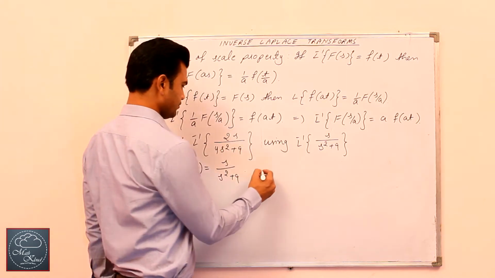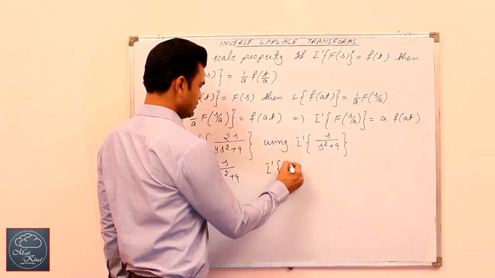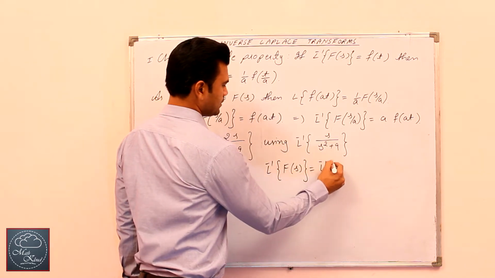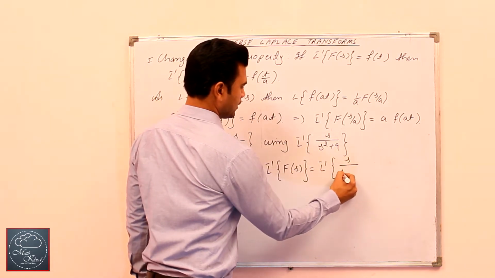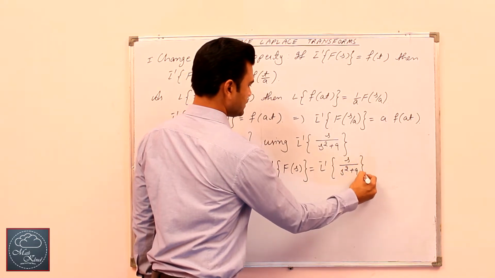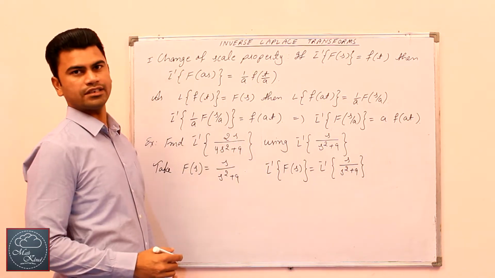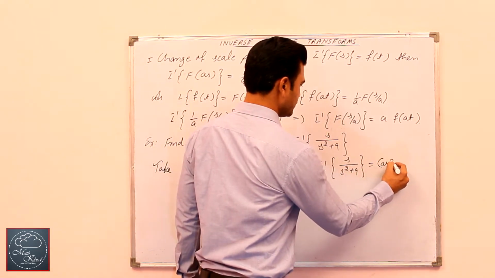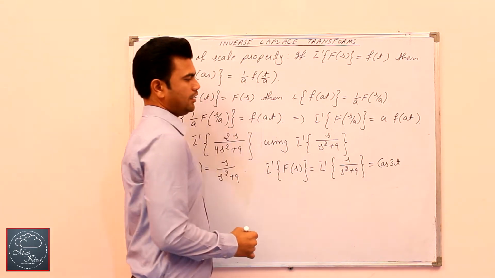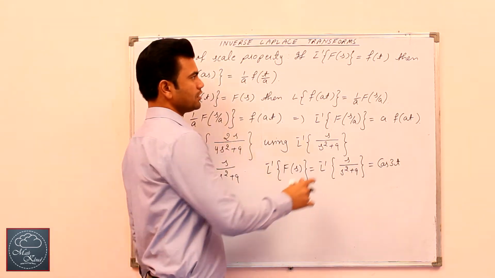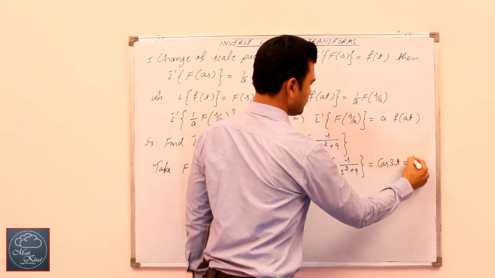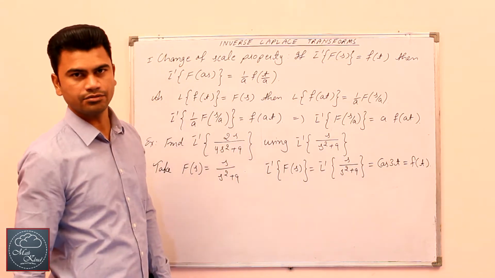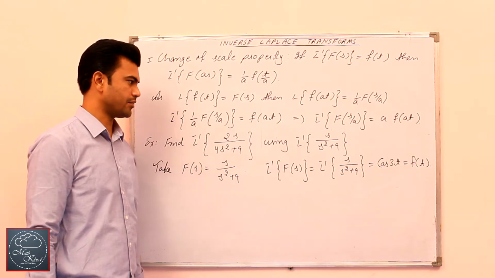Using your standard formula, the inverse Laplace transform of s over s square plus 9 is given by cos of 3t, and cos of 3t will become your f(t) here.